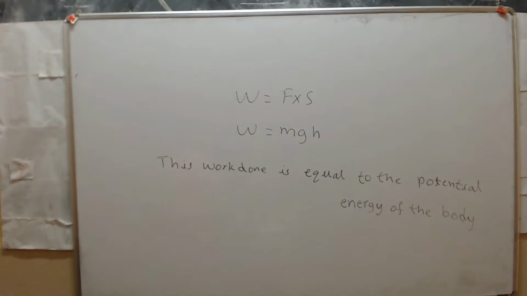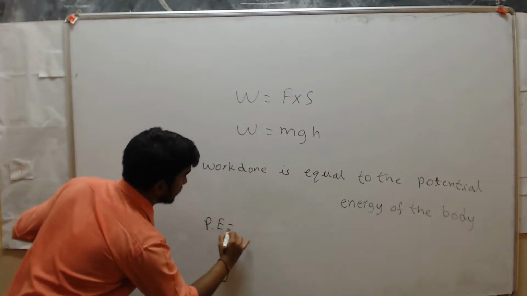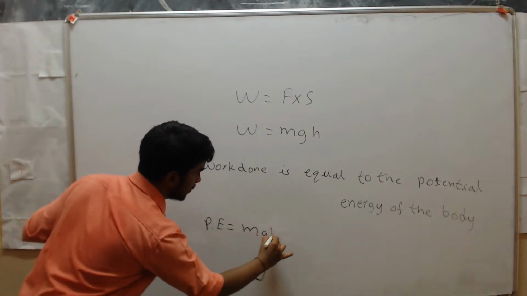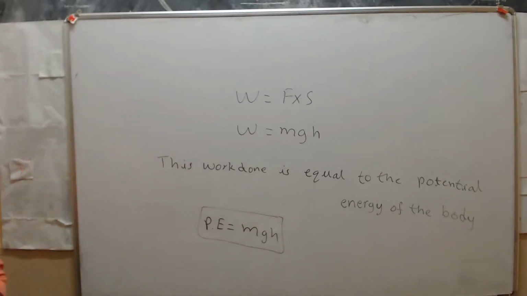Yes, work done equal to potential energy. So then we can write potential energy is equal to m into g into h.